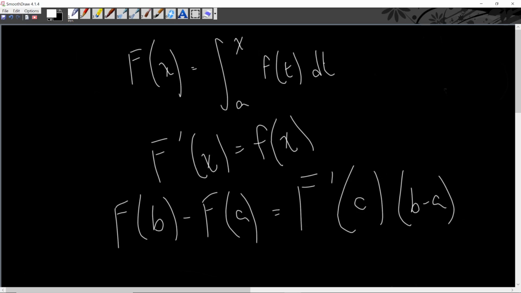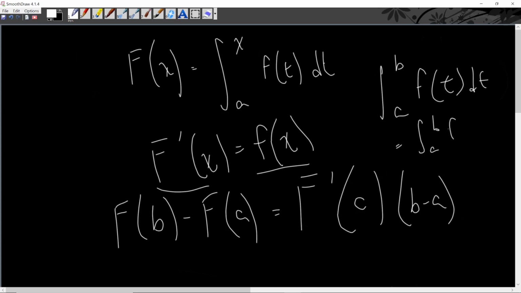And then from here, if F prime x is equal to lowercase f of x, then since the integral from a to b of f of t dt is equal to the integral from a to b of f of x dx, we can plug in this f of x for f of t, and we just get lowercase f of c times b minus a.